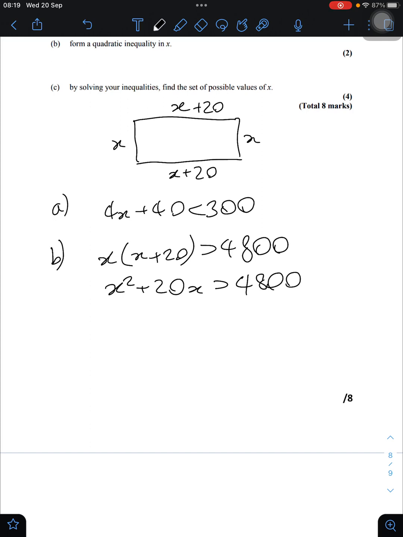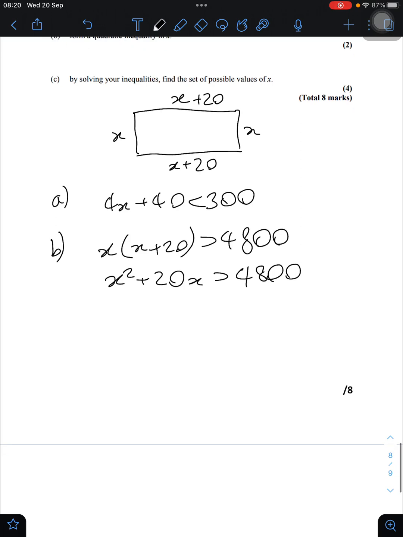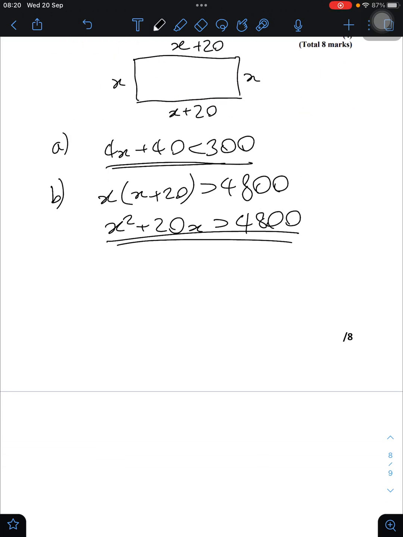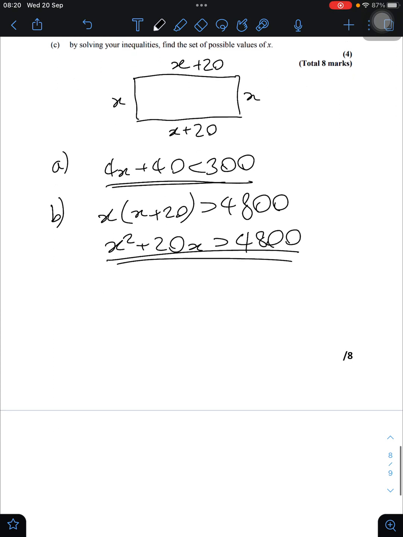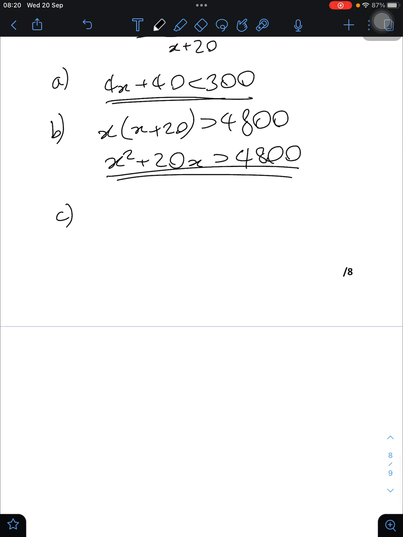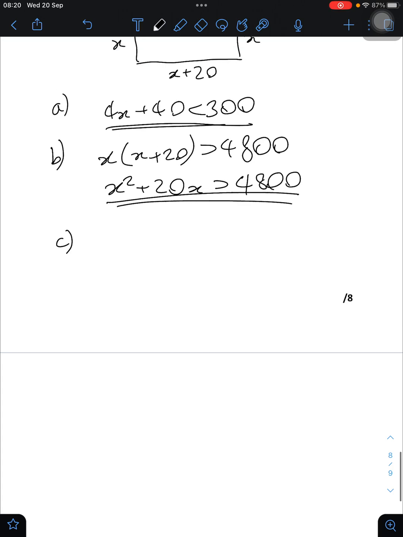And in fact, you probably would have to multiply it out simply to show that it's a quadratic inequality in this case. And so therefore, I think that a final answer should multiply that out. You don't need to take them all to one side, you don't need to solve it yet, that's part C. But you do have to write out your x squared term. So x squared plus 20x is greater than 4,800.